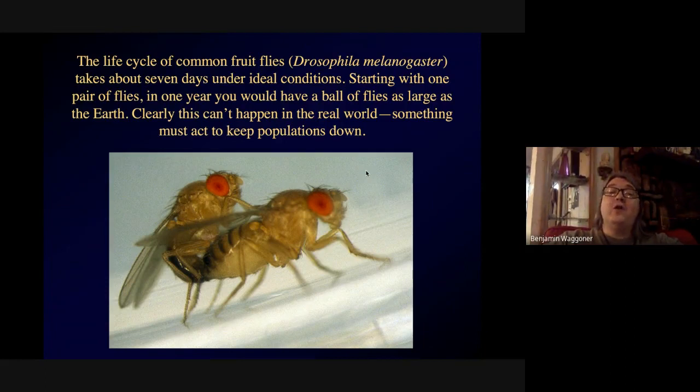And if you started with 1 pair of flies and you let them breed as much as they could, and you gave them just the right temperature and all of the water and all of the food, all of the conditions that they need, and you just let them breed as much as they could, in a year you would have a ball of flies the size of planet Earth.